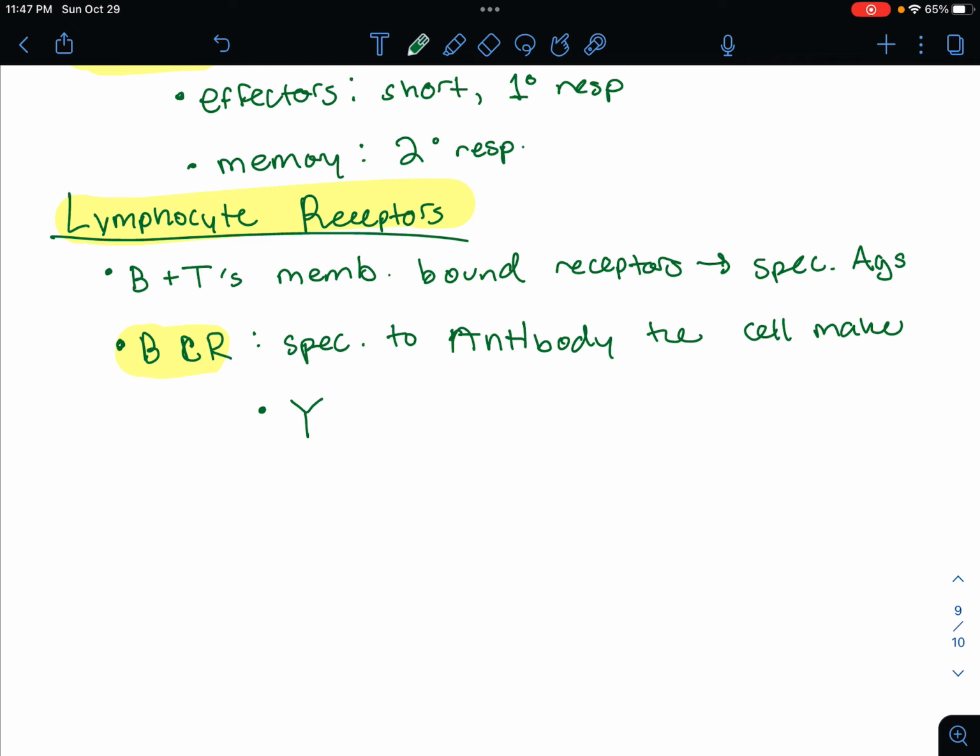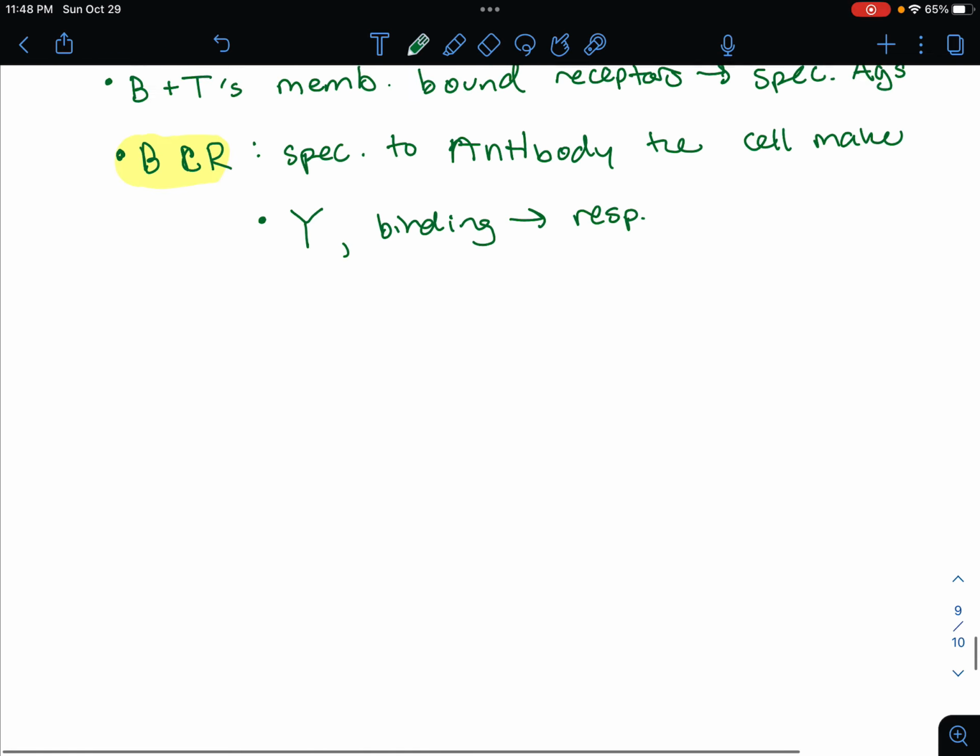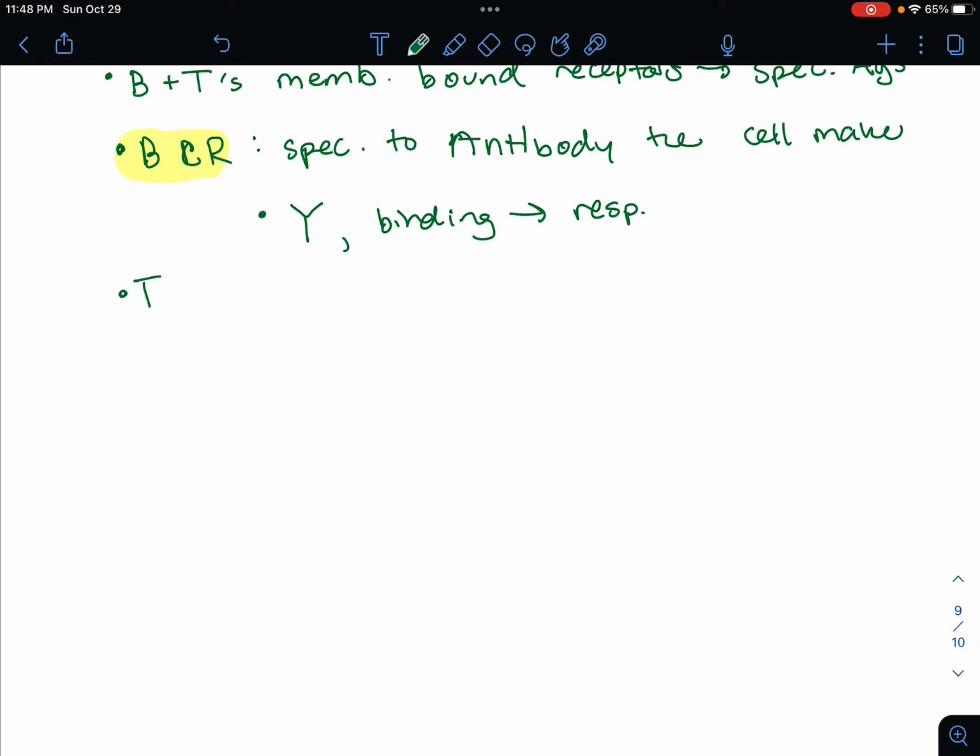It's not the antibody itself, it's just a receptor. When we have binding, this is going to trigger that response. In the T cell receptor, or the TCR, these are a little bit different. They do not recognize free-floating antigens.